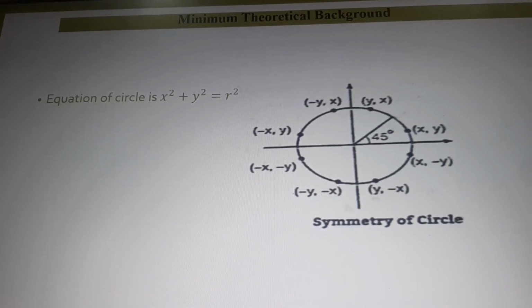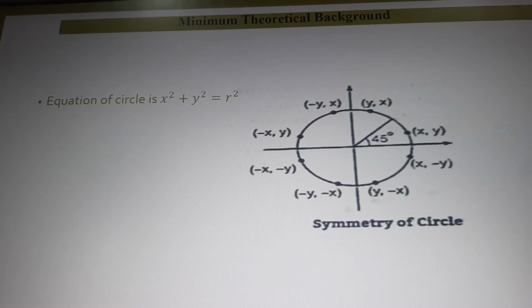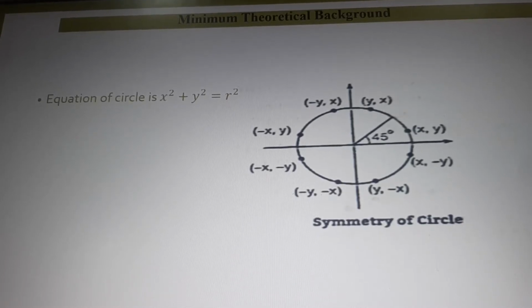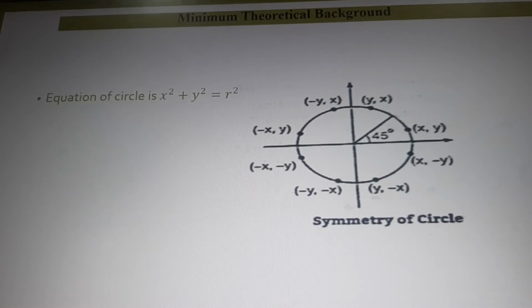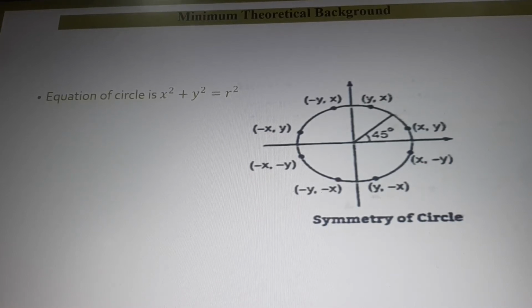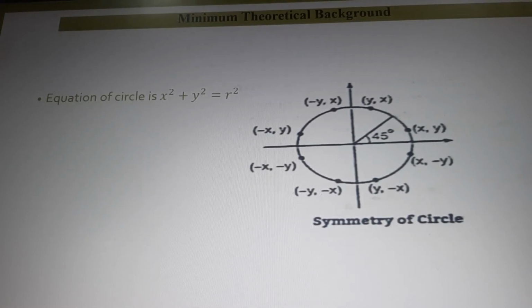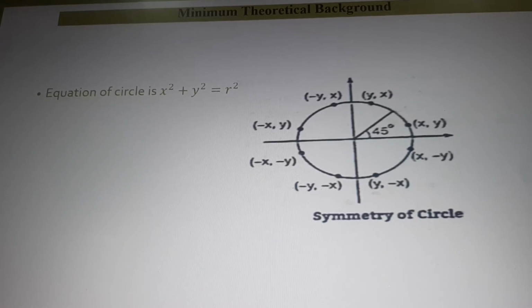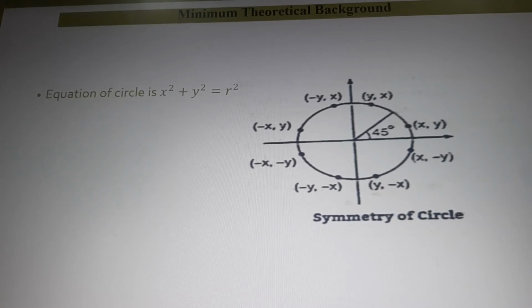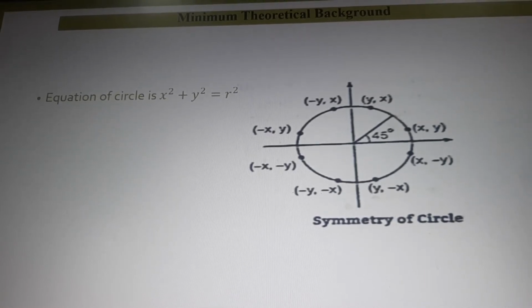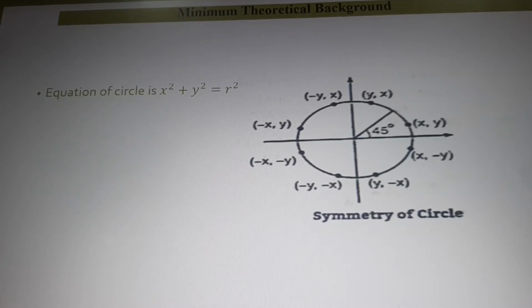The minimum theoretical background to implement this practical is that you should know the symmetry of a circle. We know the equation of a circle is x square plus y square equals r square, where x and y are coordinates of a center and r is the radius of the circle. To draw a circle in computer graphics, we use Bresenham's circle drawing algorithm and midpoint circle drawing algorithm.